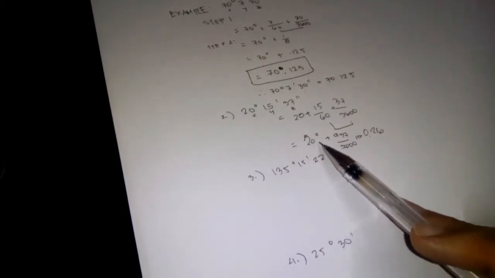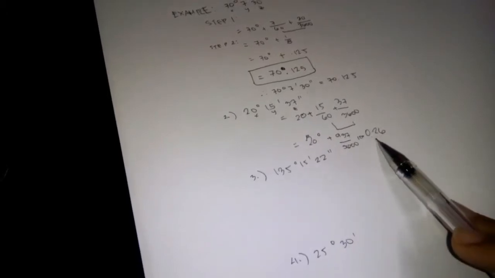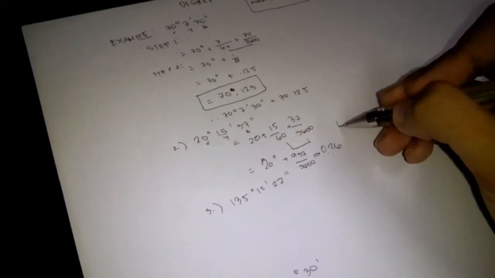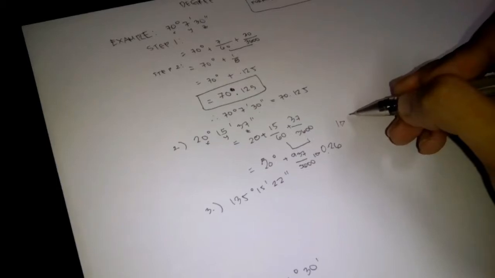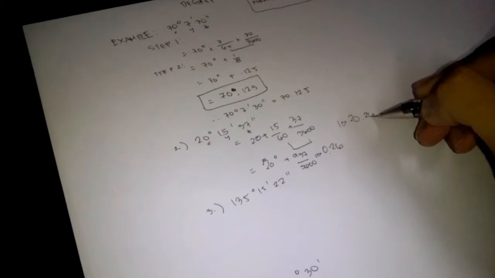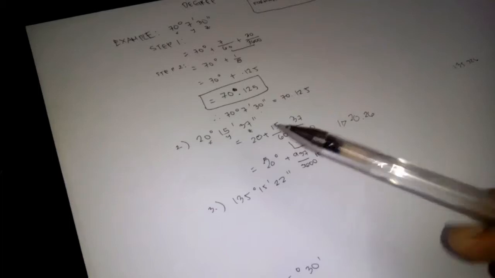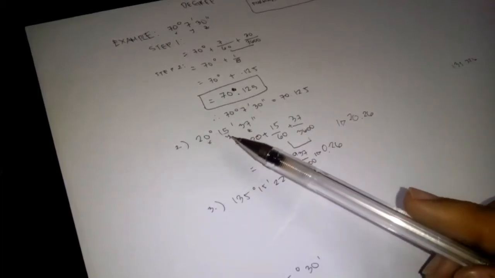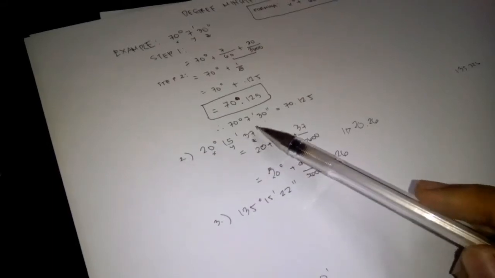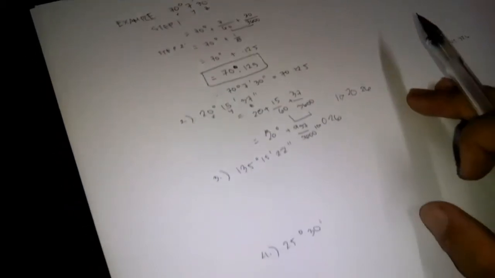Then add those two: 20 degrees plus 26 hundredths. So our answer will be 20 and 26 hundredths. So we conclude that 20 degrees, 15 minutes and 37 seconds is equal to 20 and 26 hundredths.